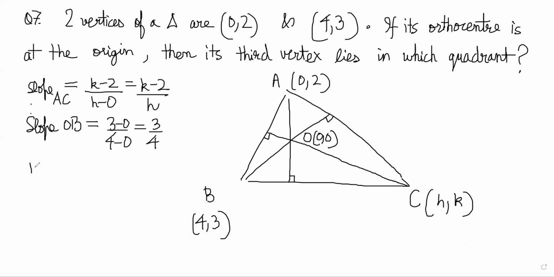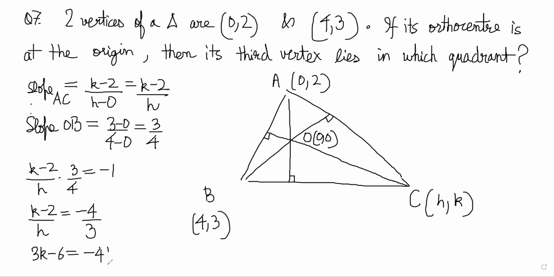So we have k minus 2 by h times 3 by 4 is equal to minus 1. So you get k minus 2 by h is equal to minus 4 by 3. So 3k minus 6 is minus 4h. And therefore I am getting 3k plus 4h is equal to 6. That is the first equation that we have gotten, right?